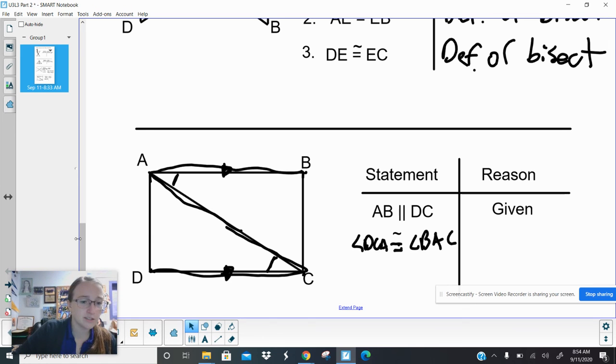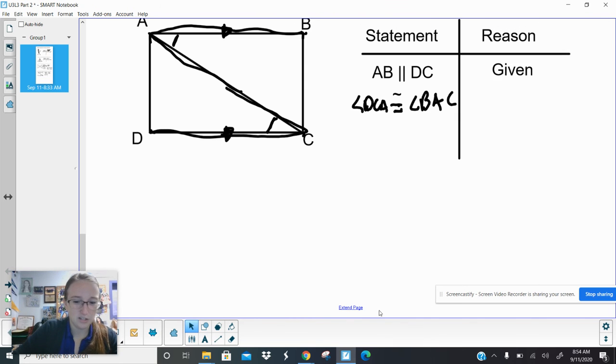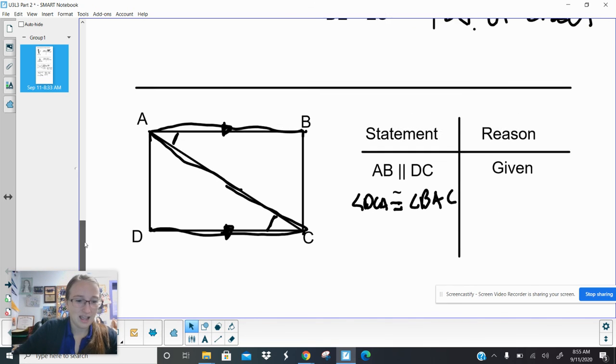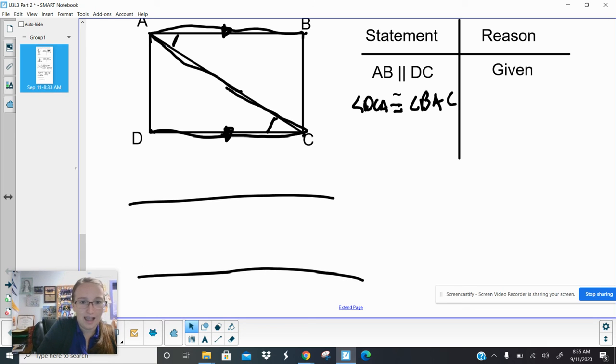Because if you notice, look at what I copied after I fixed this. If I just focus on my two parallel lines and my transversal, these angles right here are congruent because they have a special name. What is the name of those congruent angles? What's the name of the relationship?